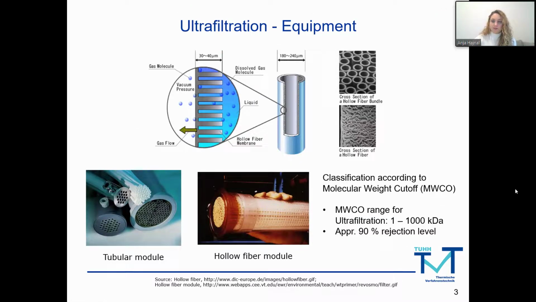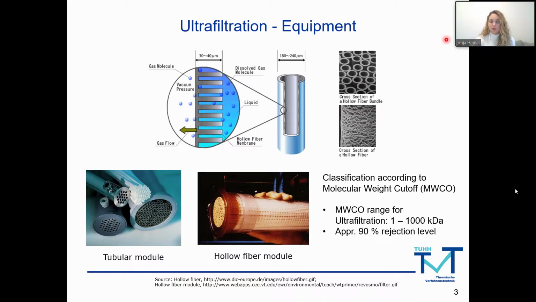There are different modes of operation and also different apparatuses that we can use in ultrafiltration. Here, as you see in the picture, this is not exactly ultrafiltration, but what we see is the inside-out type of operation, where our feed stream is going through the bundle of tubes and diffusing toward the outside.